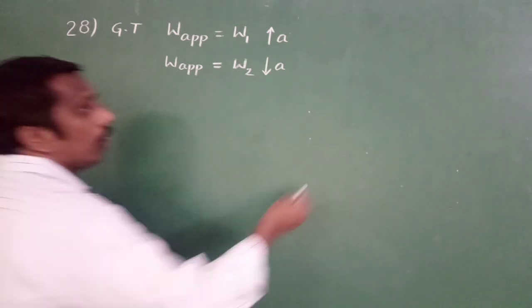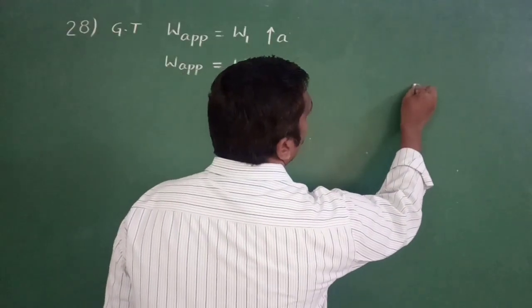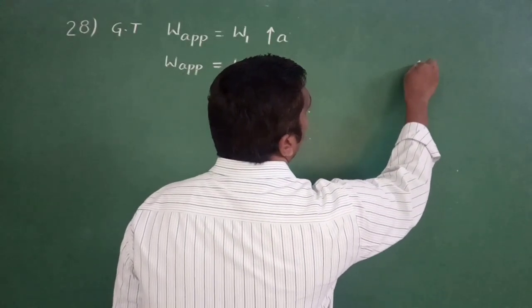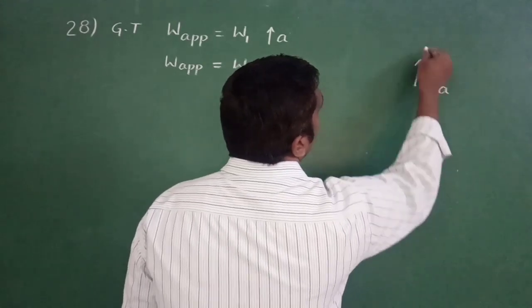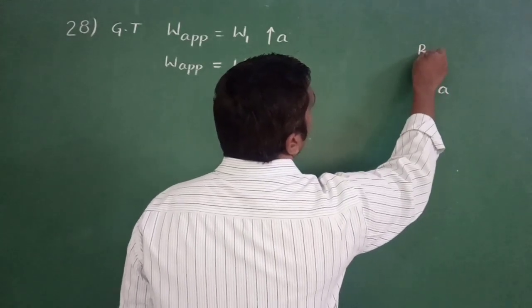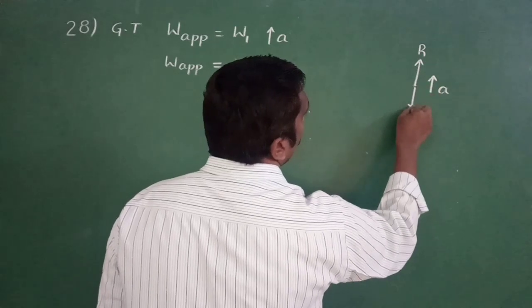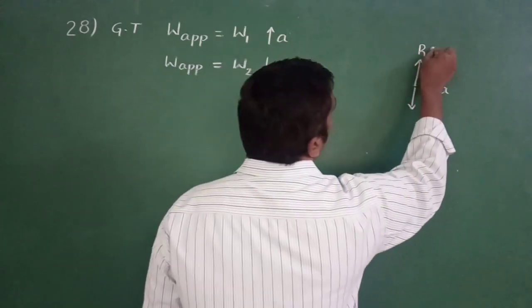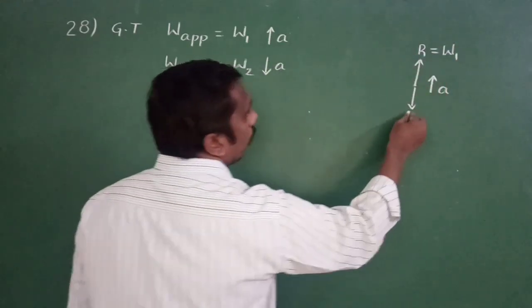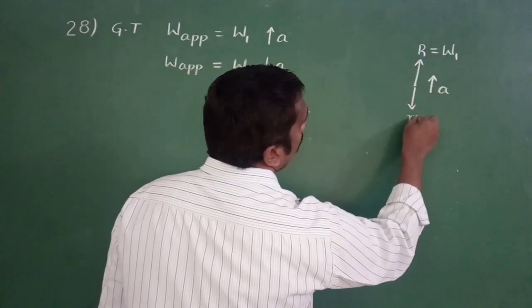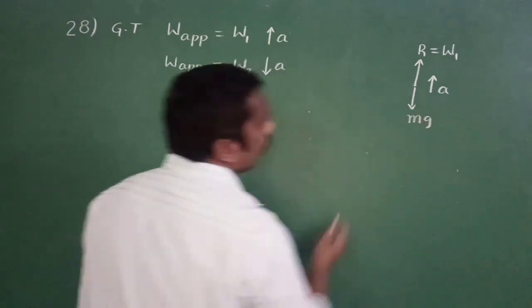See here, when the lift is going upward with an acceleration a, in this case the reaction force is taken as the apparent weight. First we have to calculate this reaction force. In this case the reaction force is taken as the apparent weight W1. His weight is acting downward, mg you take.